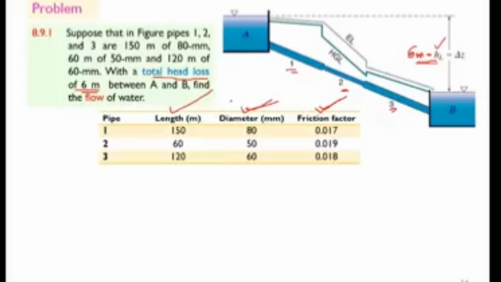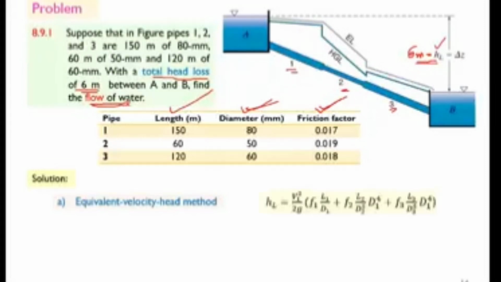Now first, as we studied, we have 2 cases. In this case, the total head loss is given, and we have to calculate the discharge. So first you have to identify which case this is. This is case 2, for which we have to calculate the discharge and the total head loss is given.